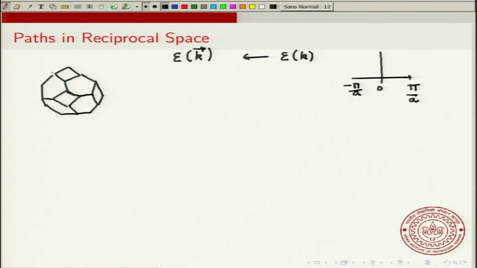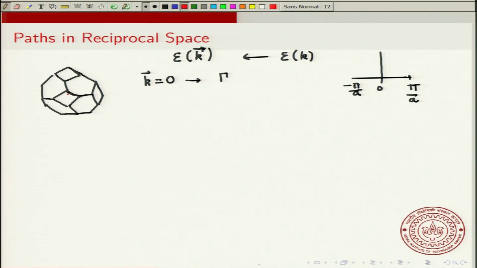So, it is this truncated octahedron. I am just showing approximately the shape. Now, the center of this truncated octahedron, the point where k vector is 0, is called the gamma point, gamma. So, gamma is one point that is right at the center of this unit cell, deep inside.